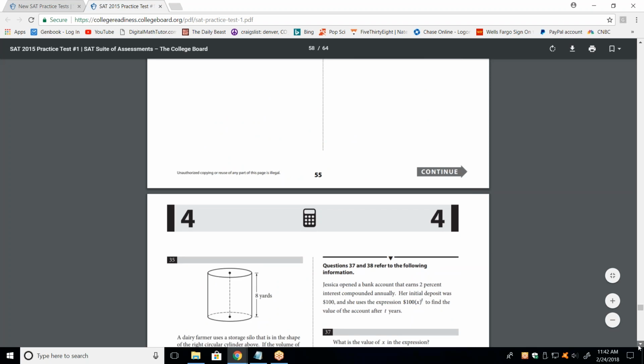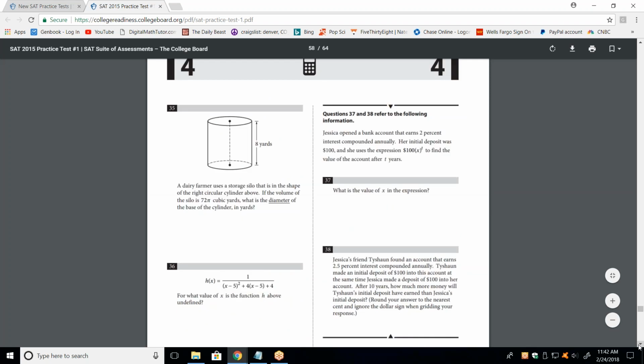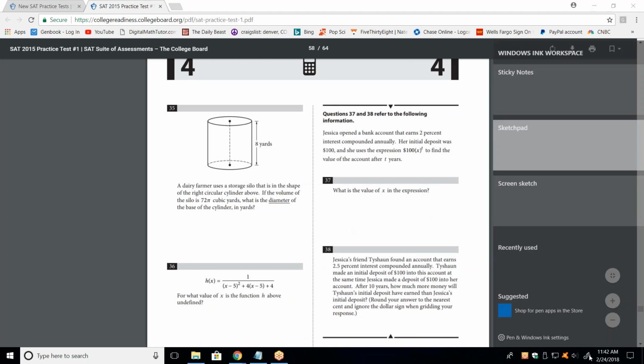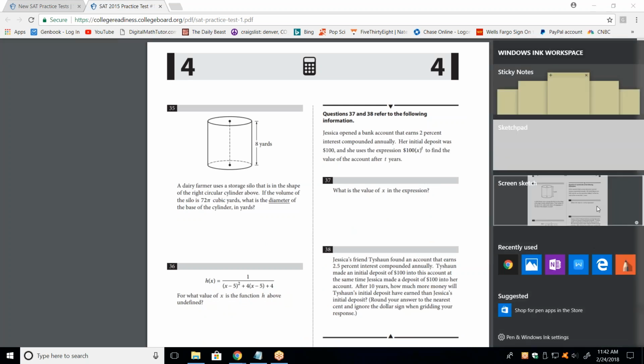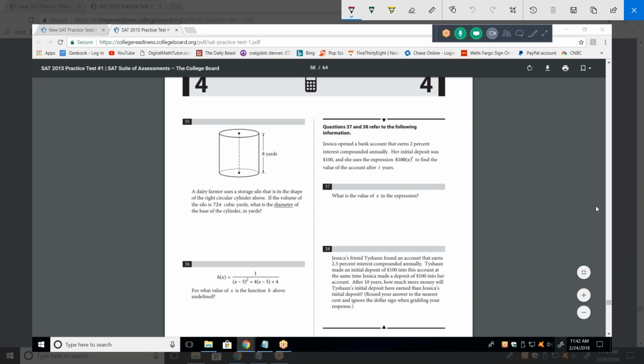All right. So that's the first thing you want to write. In other words, a really good way to begin problems is with the equation that governs the whole problem. So V equals pi r squared, which you'll notice is the area of the base, times the height.